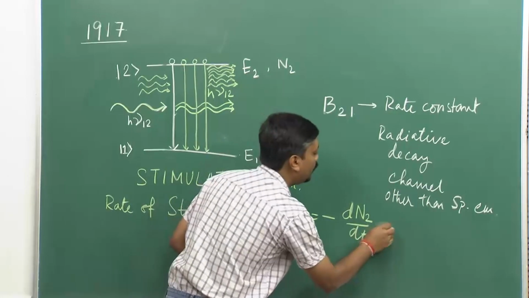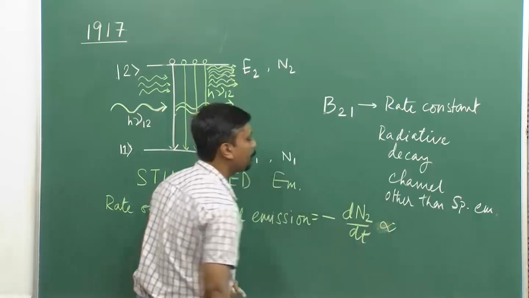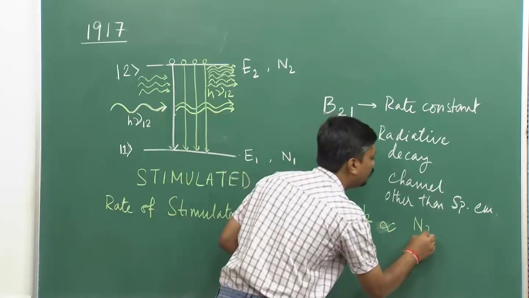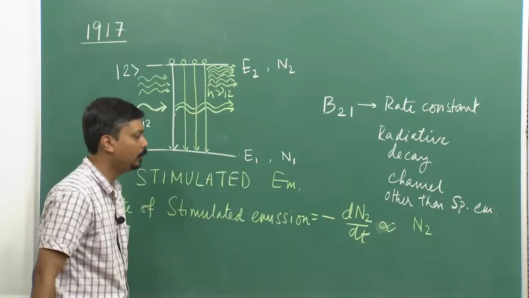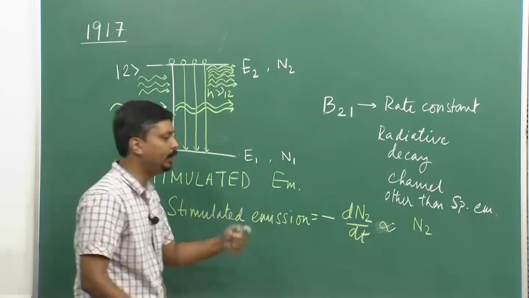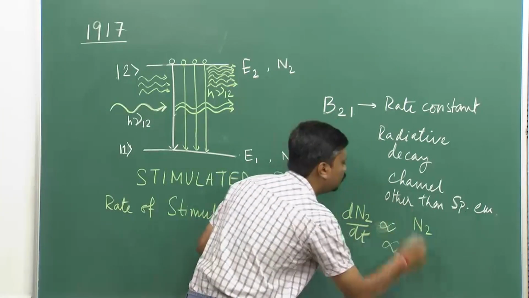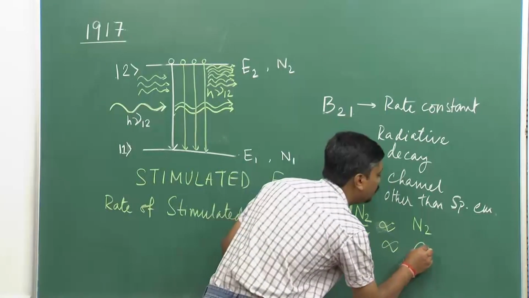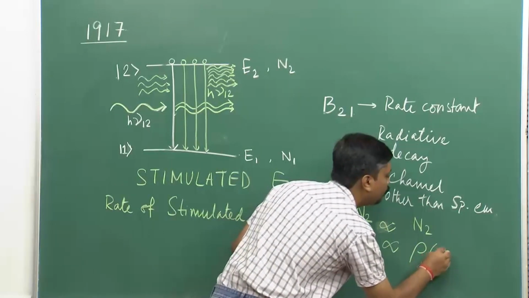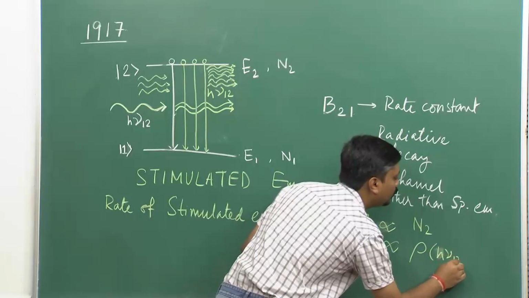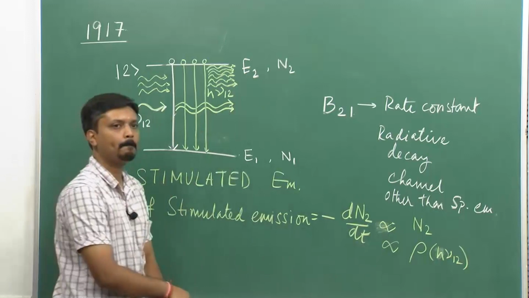What are the things that it will depend on? It will definitely depend on the number of atoms at state 2, and in this case we are using a photon to stimulate the process. So definitely it will depend, just like the absorption process, on the density of photons having the frequency nu 12.